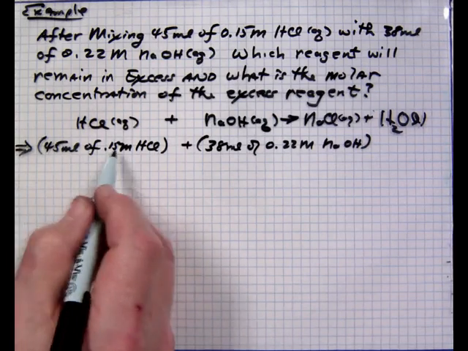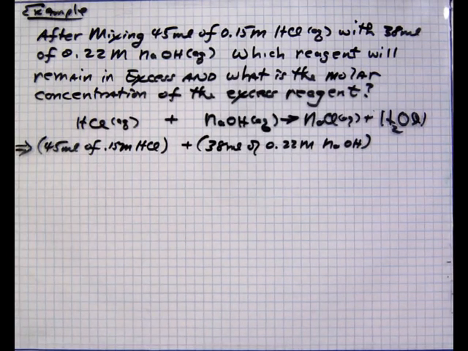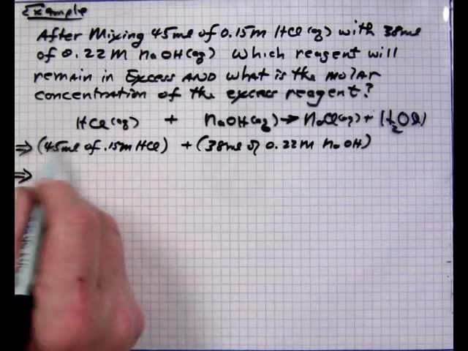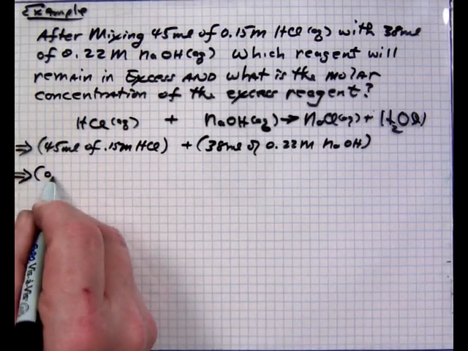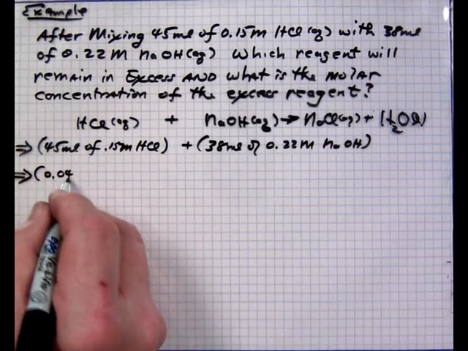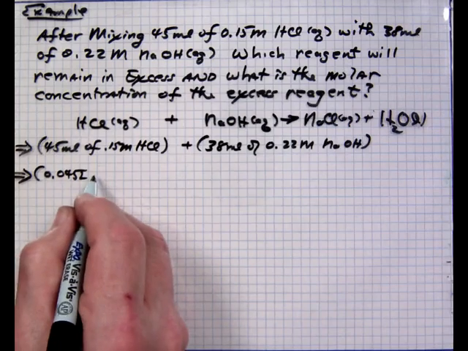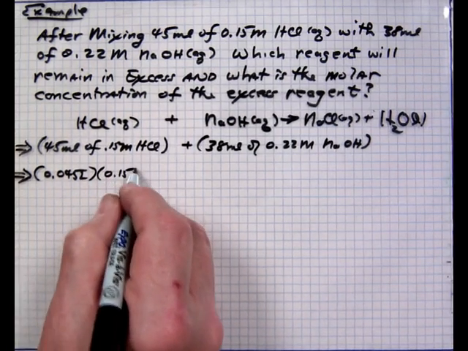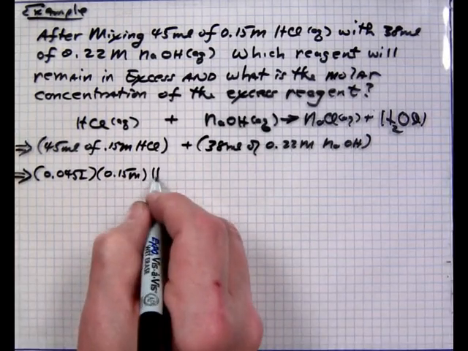Now, again, in this case, to get moles, you don't leave it in milliliters. You have to convert it, in this kind of problem, to liters. So in this case, 45 milliliters would become 0.045 liters times 0.15 molar HCl.